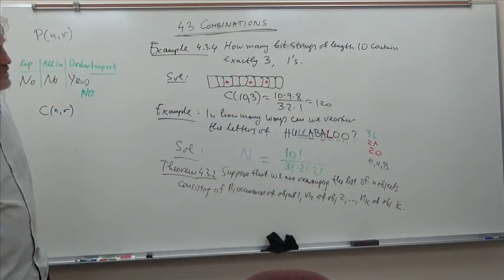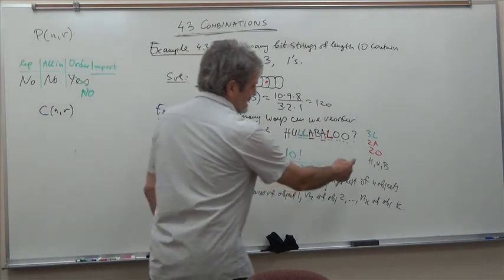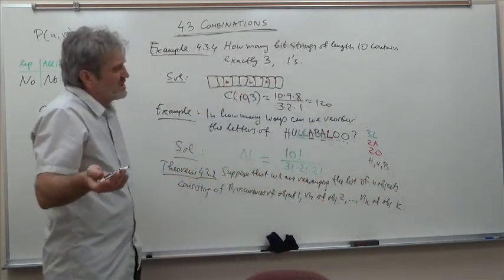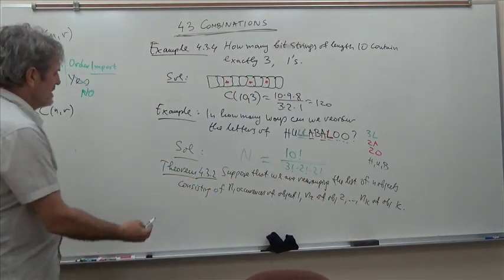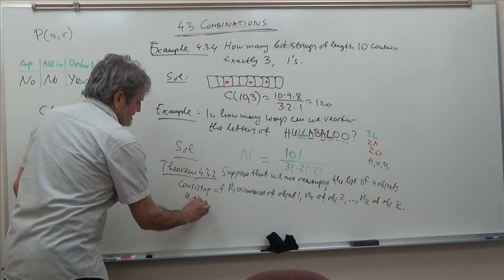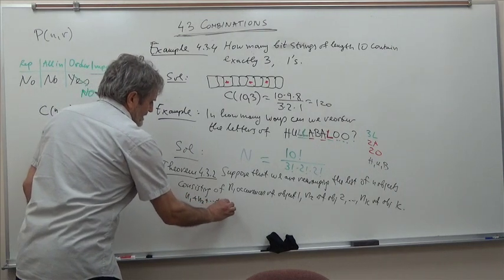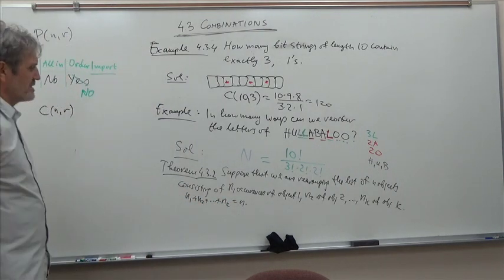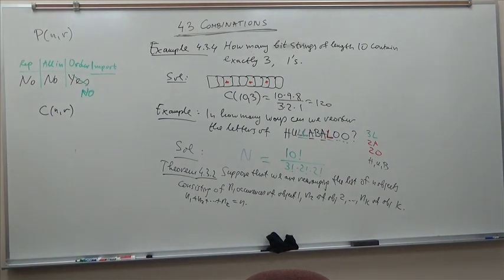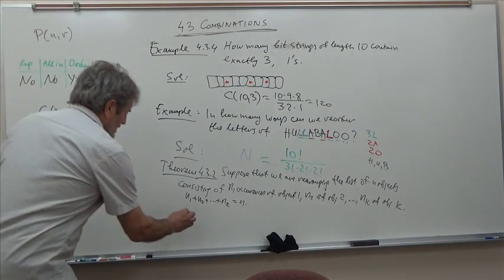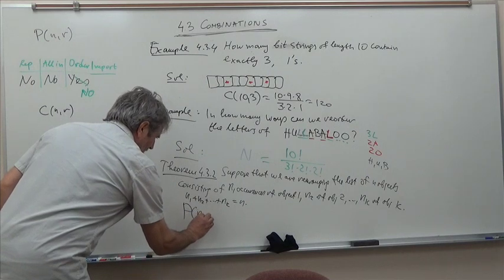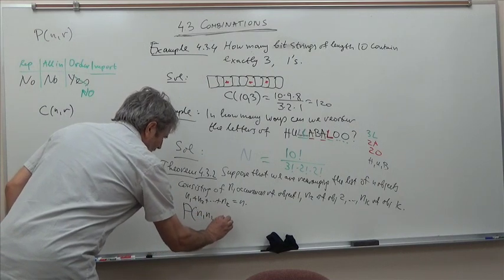In this theorem they are also allowed to be ones. Although 1 factorial is 1, we never count that. So n1 plus n2 plus up to nk is n, the total number of letters. Then we call that P(n; n1, ..., nk).